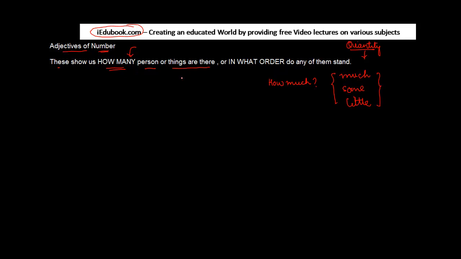So if I ask you, how many students opted for commerce in standard 11, what will be your answer? You will not say there were little students who opted for commerce in standard 11.